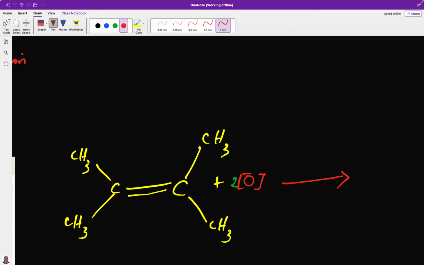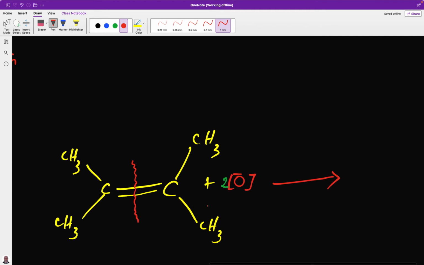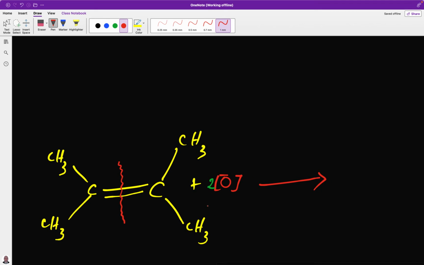There are two methyl groups here. I said under the harsh condition, what happens? The carbon-carbon double bond breaks. There's a breakage here. Oxidation is the addition of oxygen atoms to a molecule. Two oxygen atoms have been added. And what will result?